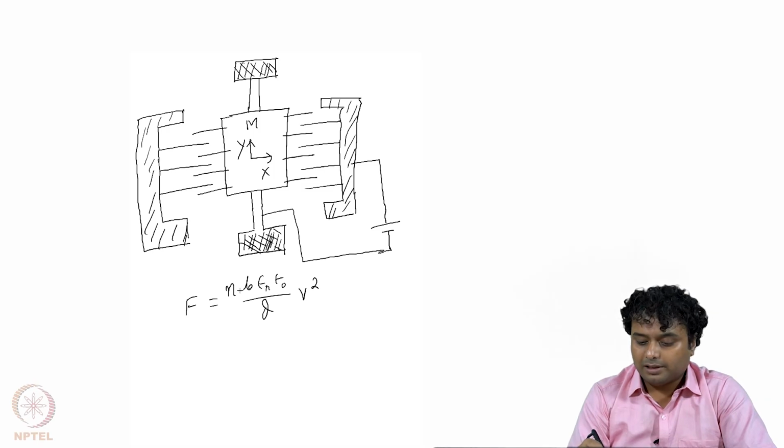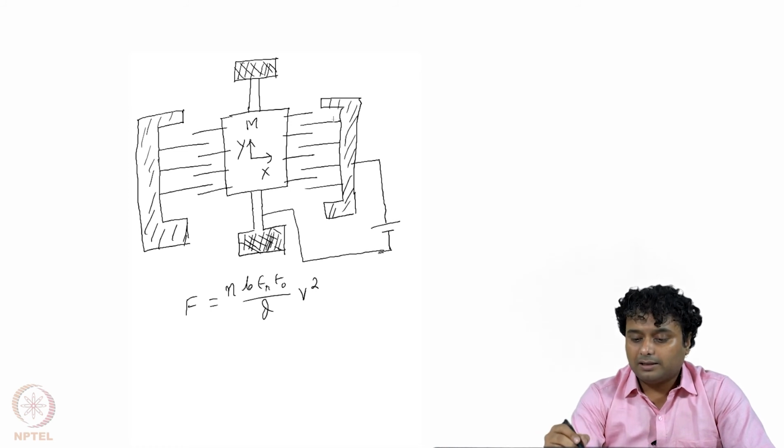So it will be n B epsilon r epsilon naught divided by d into v square, and here the important thing is that this v is the potential.